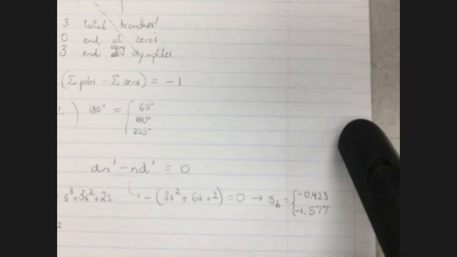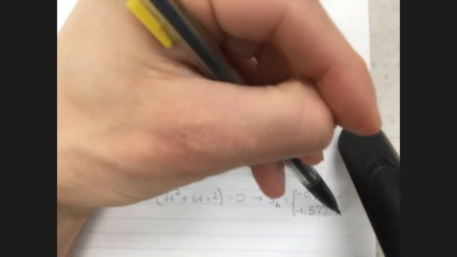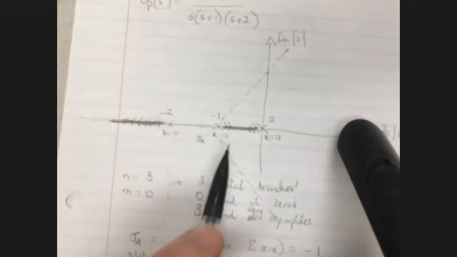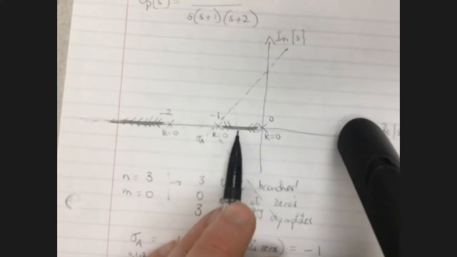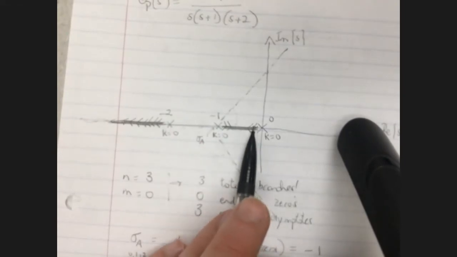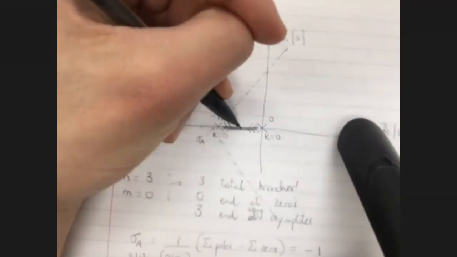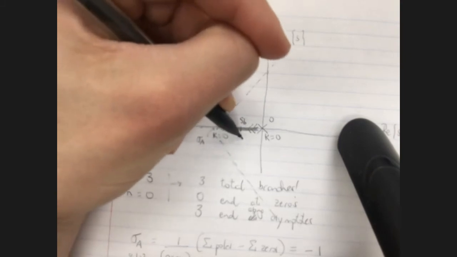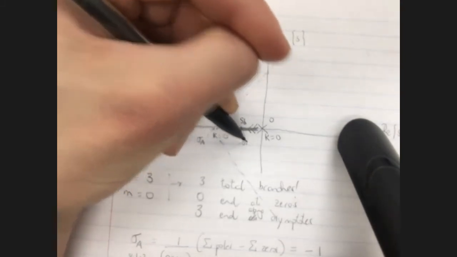Okay, so Jeff and Hunter both agree that negative 0.423 is the actual one. Indeed, it's going to be right here. This is going to be the one that we take, and this one we are going to reject. And why is that? Well, we come out here. Obviously, the breakaway point needs to lie on the locus, right? And so negative 0.423 is going to be right there. So that's my SB, negative 0.423.